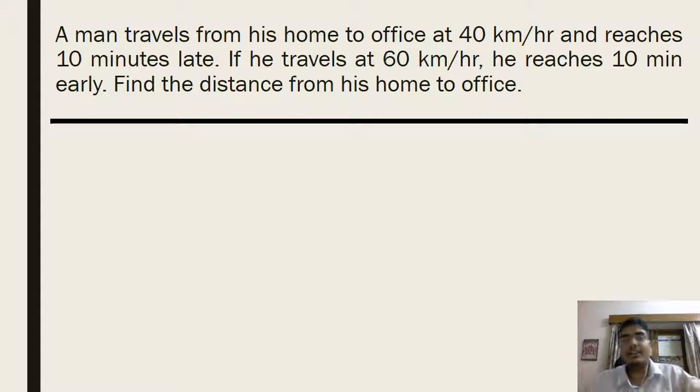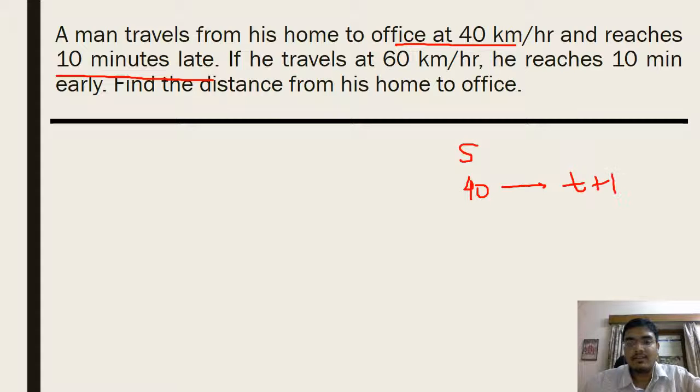Let us take another kind of question from this topic. A man travels from his home to office at 40 kilometers an hour and reaches 10 minutes late. So he might be traveling at some speed s, but when he travels at 40, he reaches at time t plus 10. So he is basically 10 minutes late.